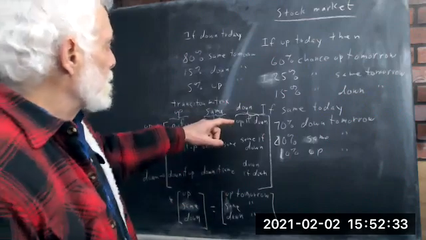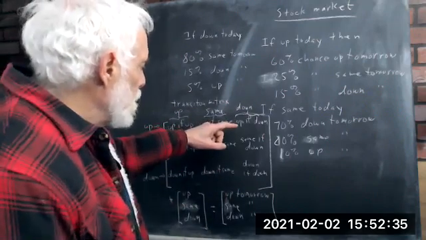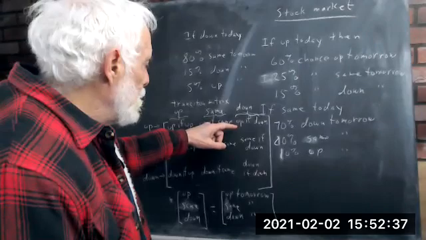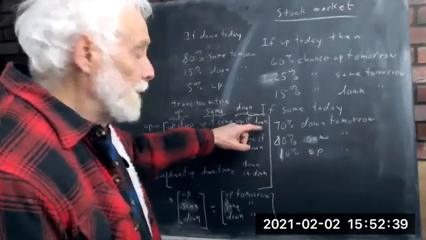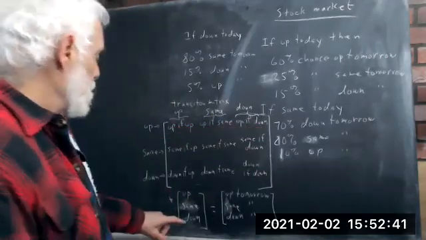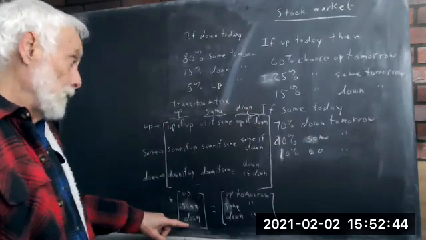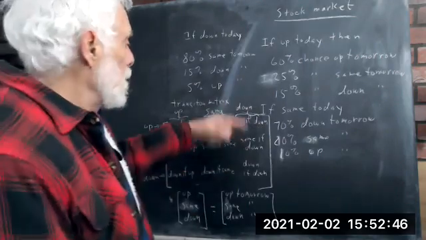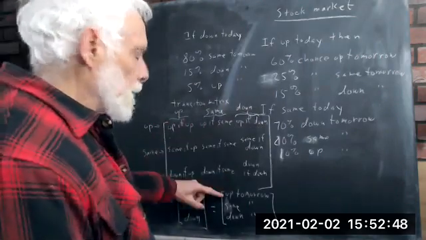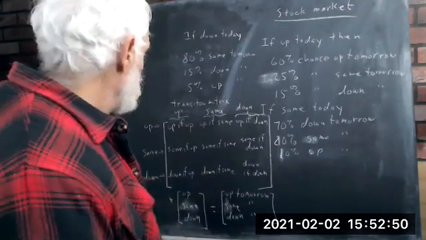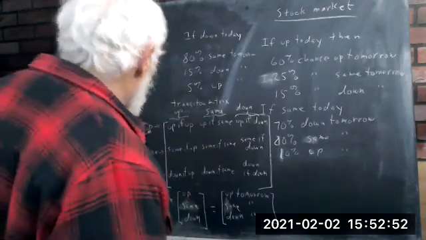And then I multiply the probability that it's up tomorrow if down today by the probability that it's down today, and I get another contribution to the probability that it's going to be up tomorrow. And then the other rows work the same.